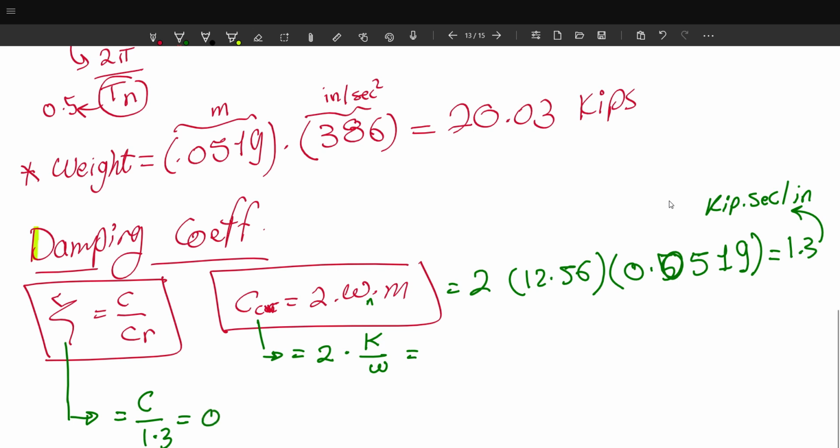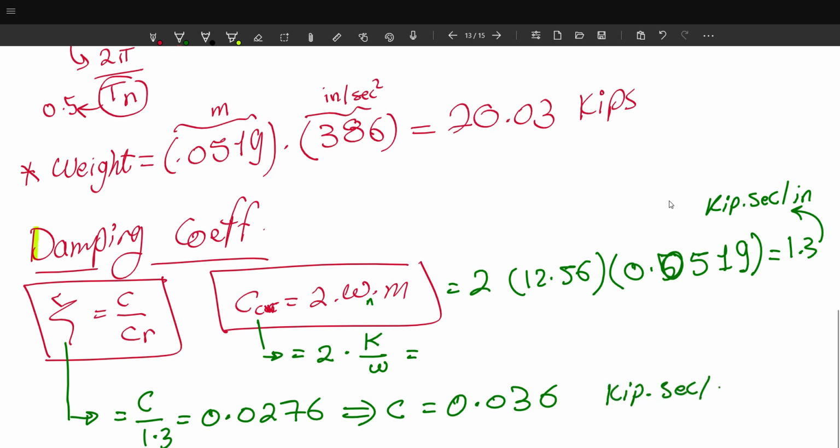It is going to be 0.0276, right? So from here we can obtain C, which is the damping coefficient, and it equals 0.036. The unit is kip second per inch. So this is what we are searching for, which is the damping coefficient.